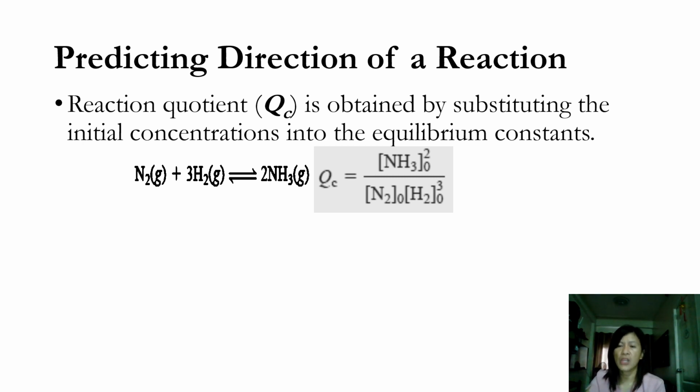Divide that by the product of the initial concentrations of the reactants nitrogen and hydrogen raised to their coefficients. Only hydrogen has a coefficient other than 1, so you need to raise its initial concentration to 3 before you do the division. The subscript zeros denote that the concentrations are initial concentrations.